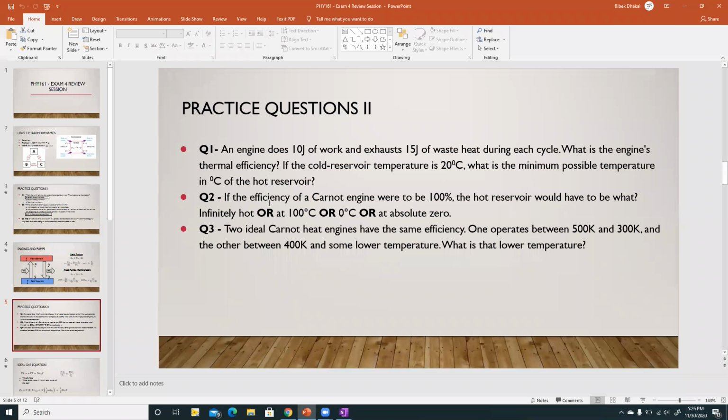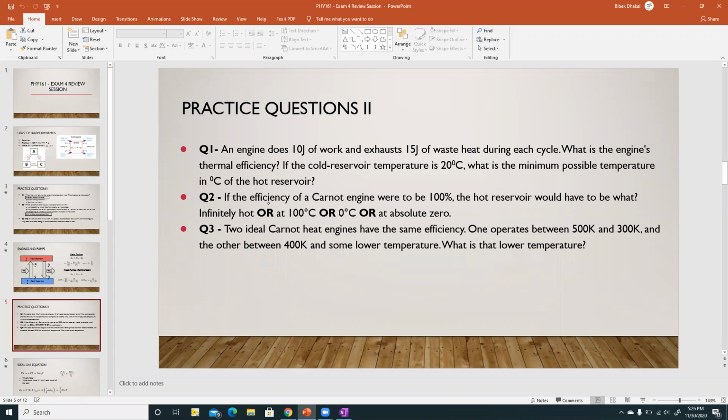If the efficiency of the Carnot engine, so here the problem specifically tells you about the Carnot engine. Usually it says the Carnot engine, but if it does not say Carnot engine, that means you don't have to worry about the temperature. You can just play with heat and find the temperature.